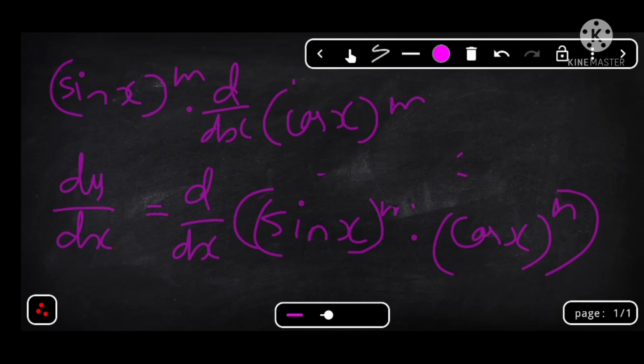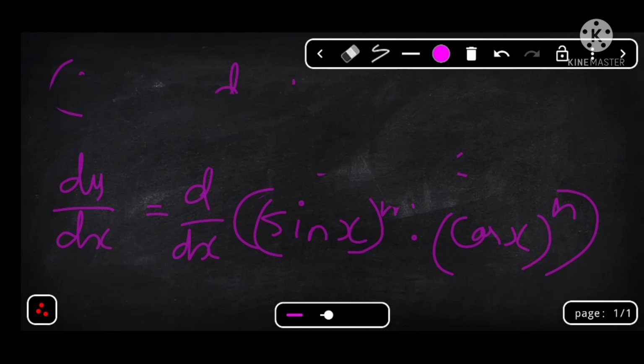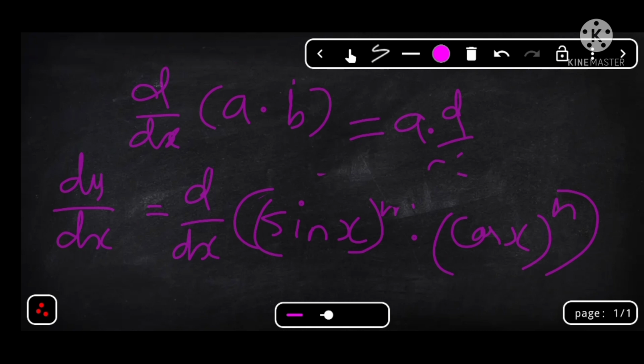When it comes like this, we have a formula. If d by dx of a into b comes, then it is a into d by dx of b plus b into d by dx of a.